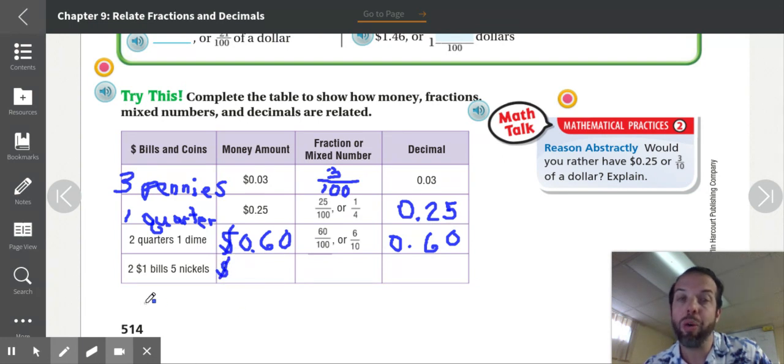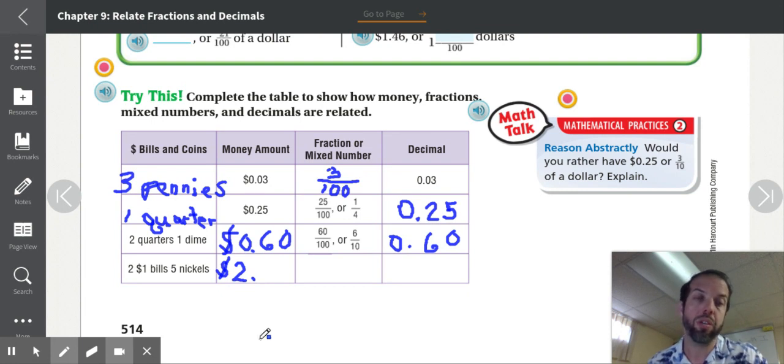I do have wholes here because it says $1 bills, and I have 2 of them. So I'm going to have 2 wholes, decimal. Now 5 nickels. So a nickel, if we forget, is worth 5 cents, and I have 5 of them.